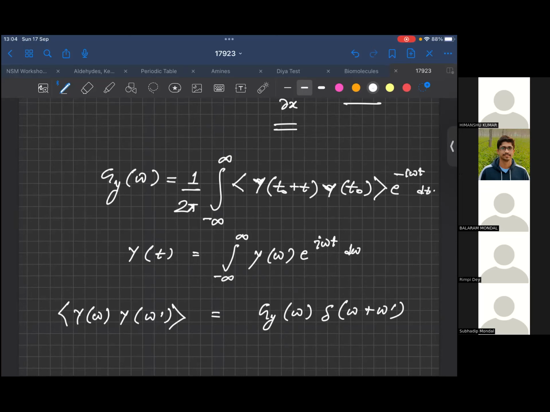So they actually computed the power response function, and from there they get this type of expression.